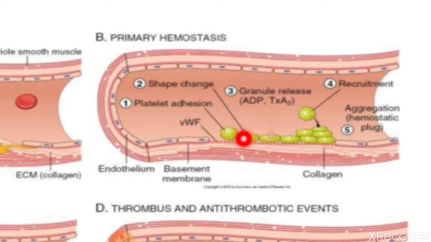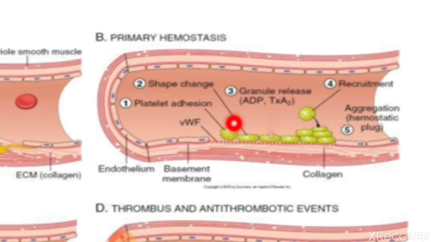When they are activated, the platelets, in fact, have many intracellular granules and many receptors, and their granules are excreted.